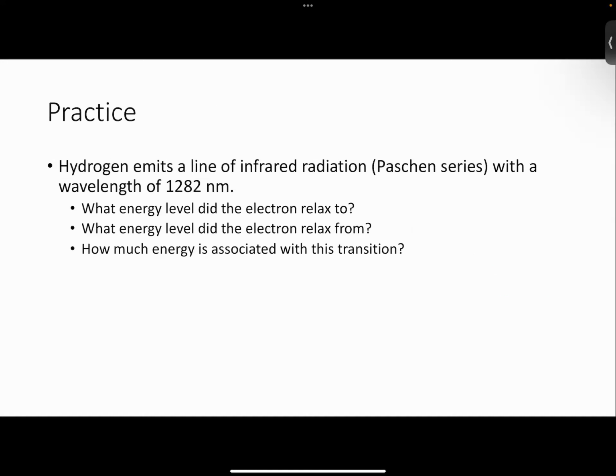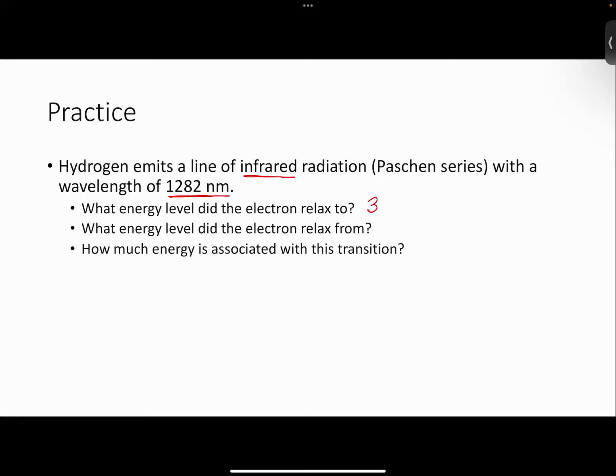So let's look at this: hydrogen emits a line of infrared radiation with a wavelength of 1282 nanometers. If it's infrared radiation, what energy level did the electron relax to? It relaxed to 3. It's the Paschen series.